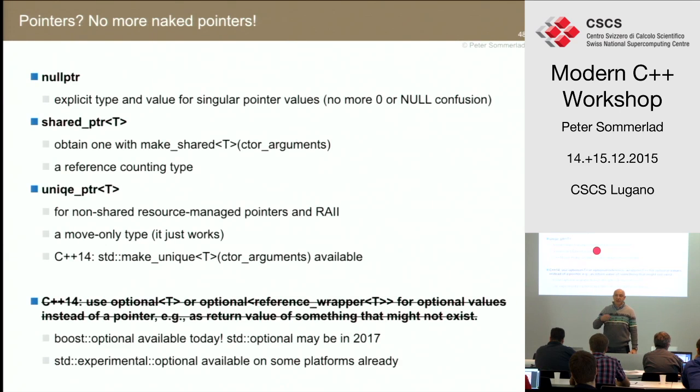So if you share a shared pointer value across threads by copying, then the reference counter will work. There's no guarantee that the pointer to the object is actually protected. If you access that from multiple threads in a mutating way, you get undefined behavior unless you protect that with a mutex.